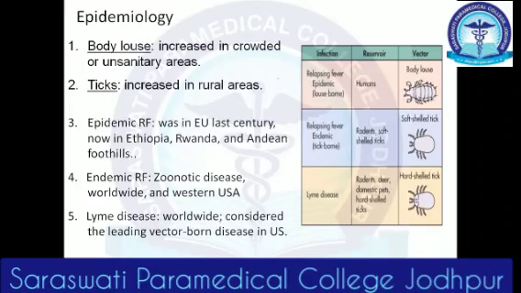Now if you look at the epidemiology for Lyme disease, you can find there are lice and ticks which are vectors for carrying this kind of Borrelia burgdorferi bacteria. In humans, there are body lice which carry these diseases from one place to another, which causes the relapsing fever.